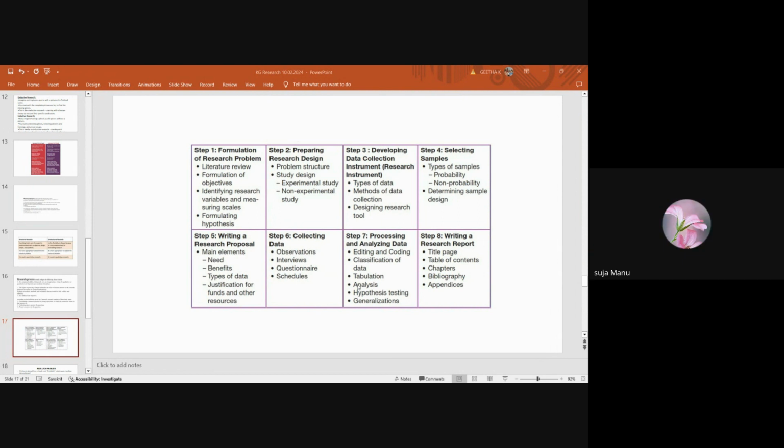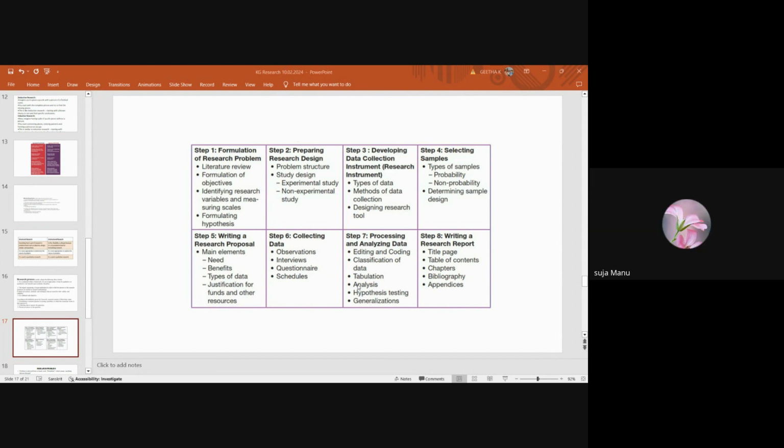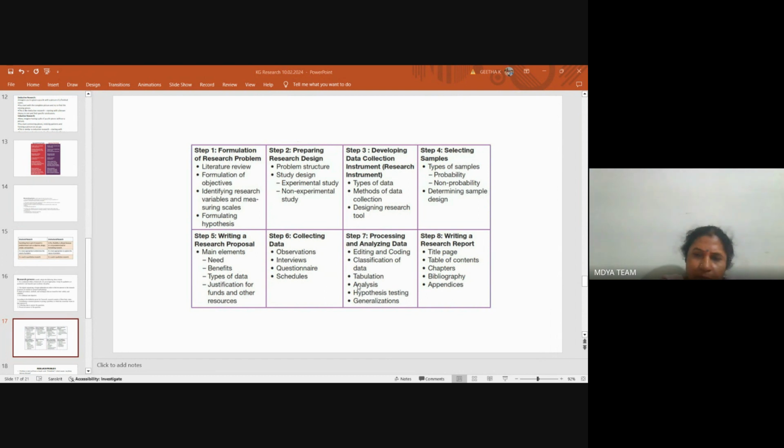We can select according to other factors also, like if there is an age limit in our research. See, age limit won't come over here. When you are identifying a problem and selecting a population, it would be within your range only.